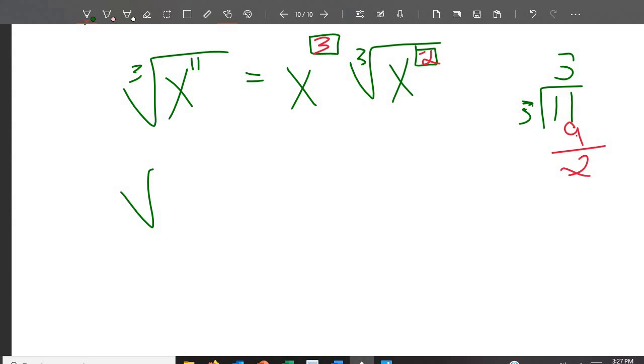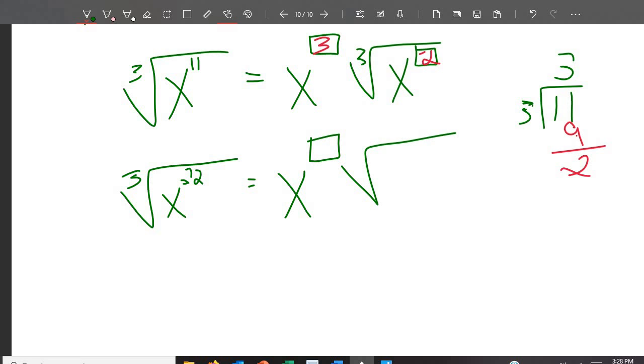Let's say I had the cubed root of x to the 22nd power. Well, I'm going to have x's on the outside and some x's on the inside. Okay, let's divide.